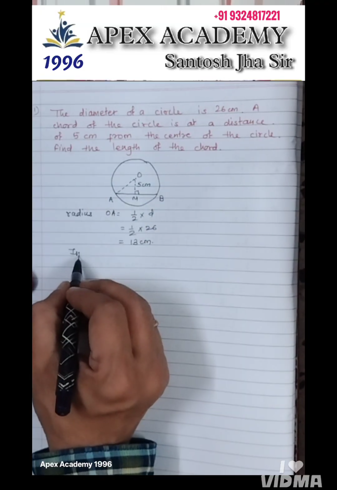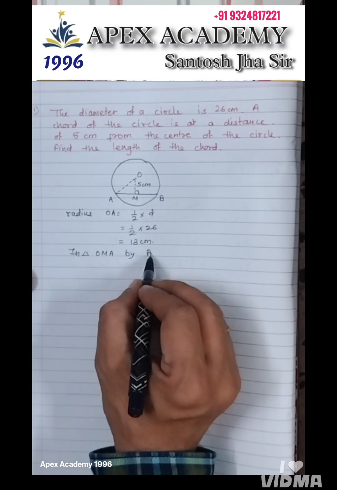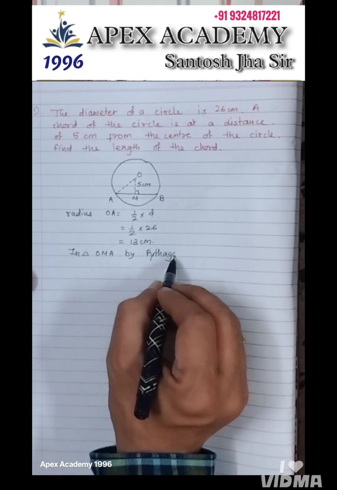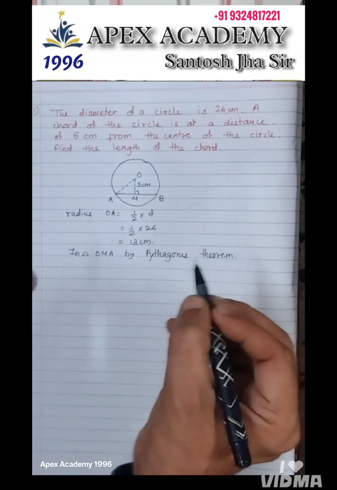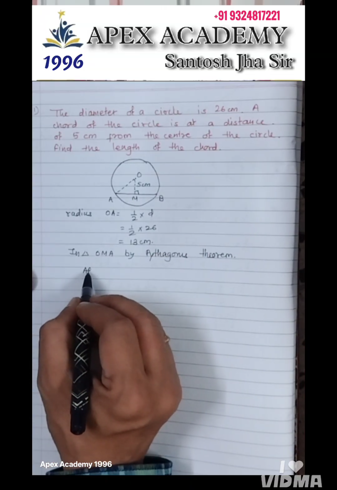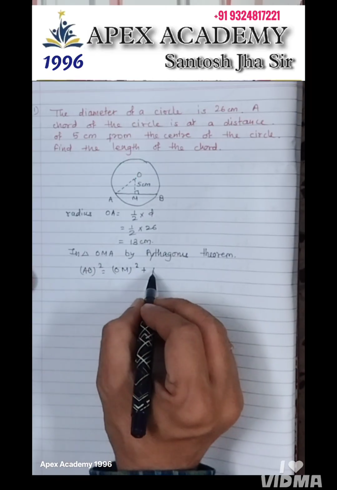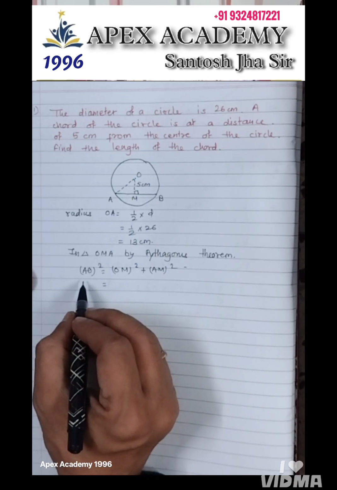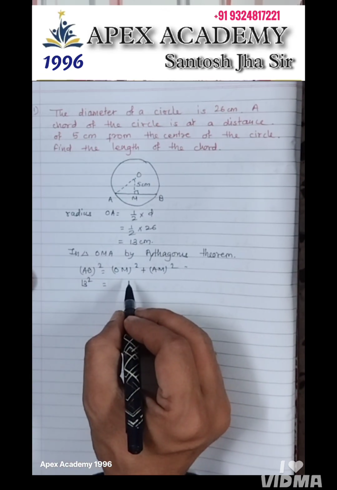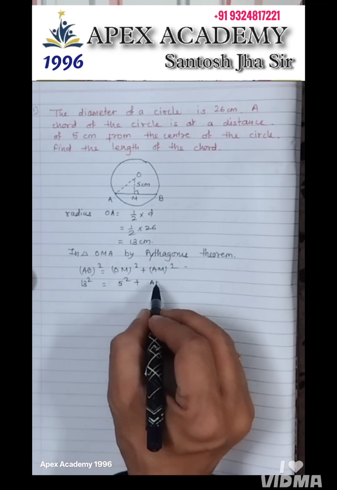So now in triangle OMA, by Pythagoras theorem, we'll get AO square is equal to OM square plus AM square. So OA is 13, OM is already given 5, and AM we have to find out.